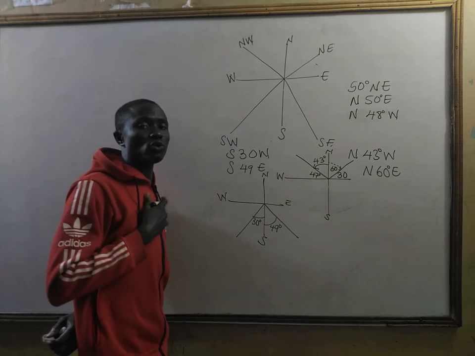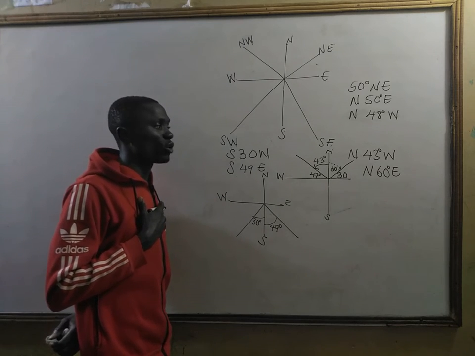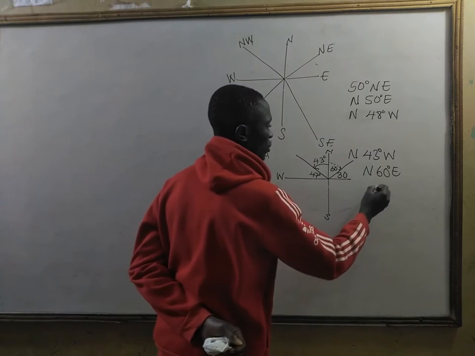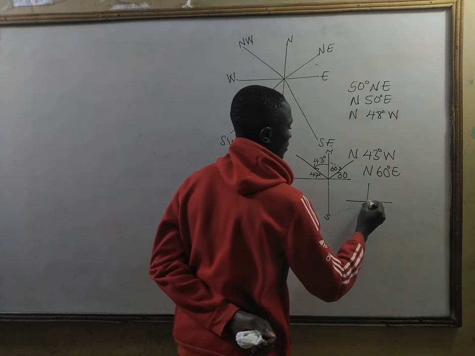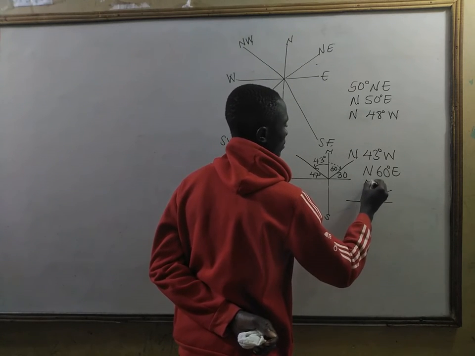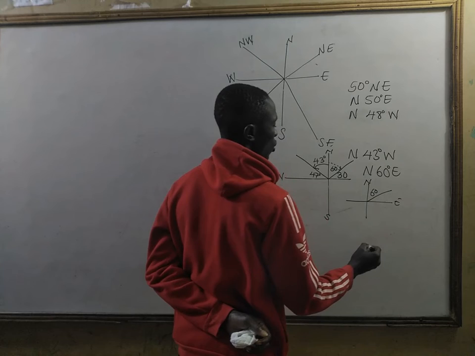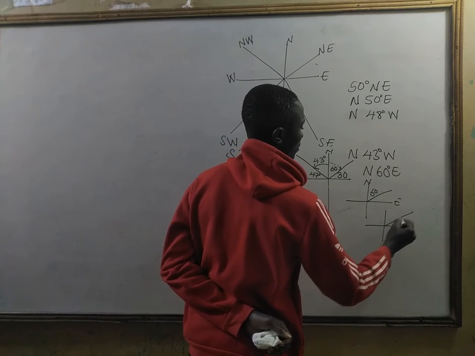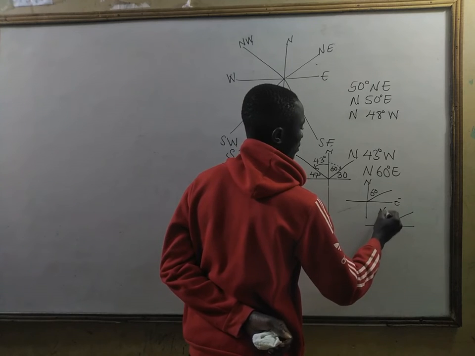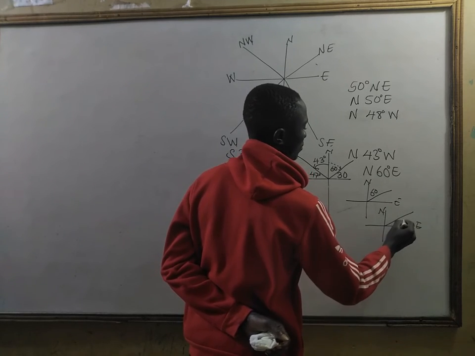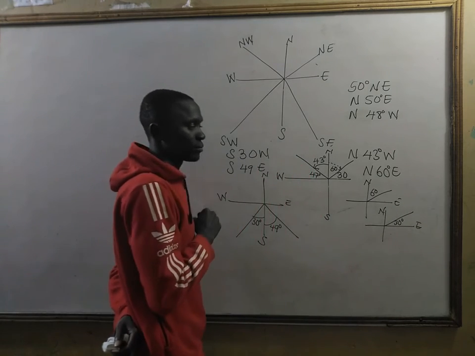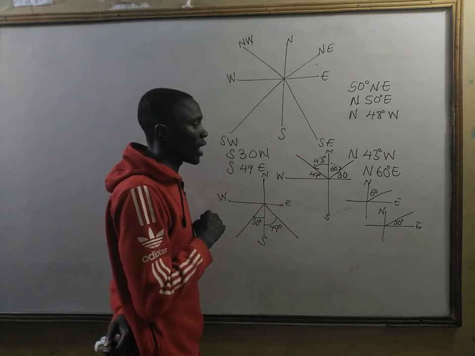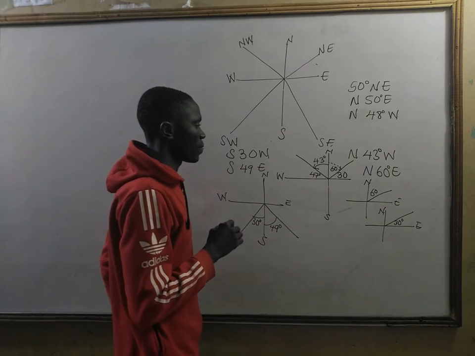If I'm to draw north 60 degrees east, I can draw it in two ways. I can do it like this, or I can do it like this.